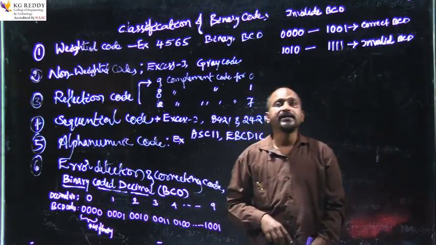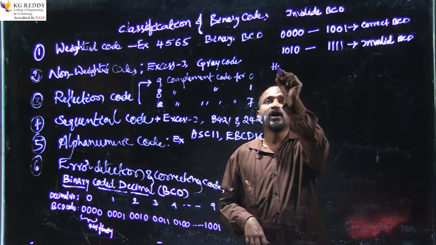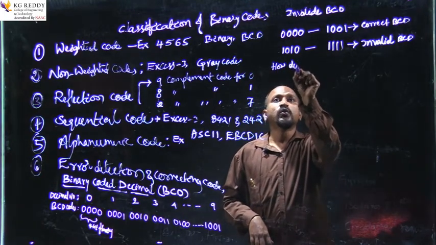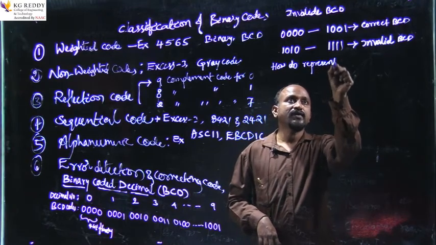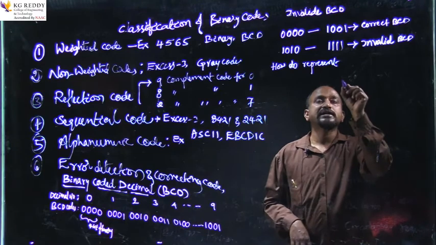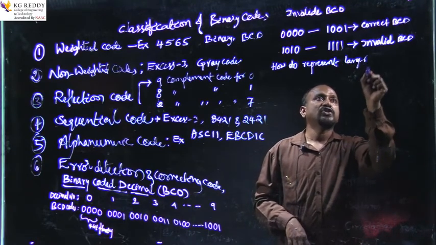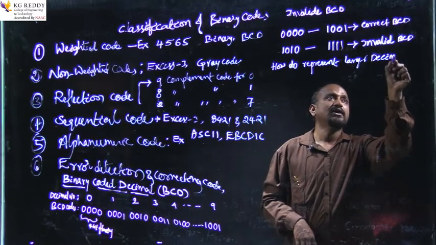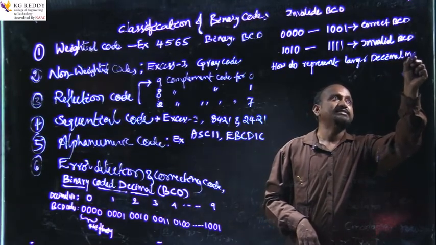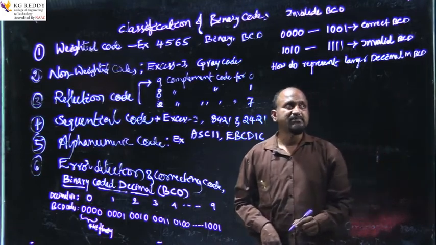Okay, let us see how we represent a larger number in BCD. How do we represent larger decimal numbers in BCD?